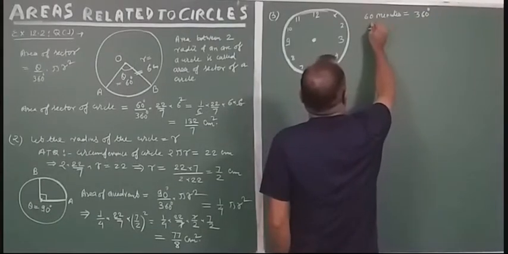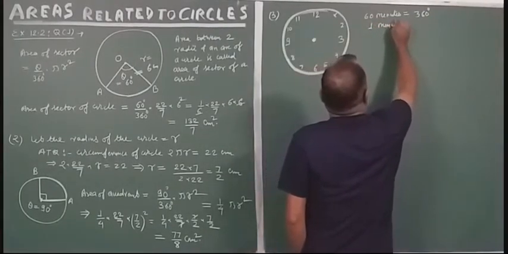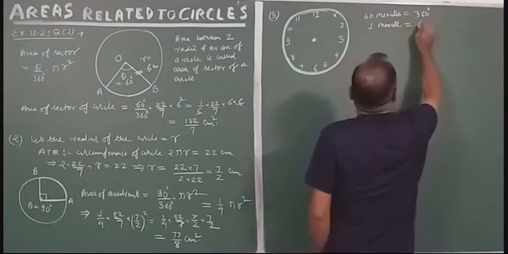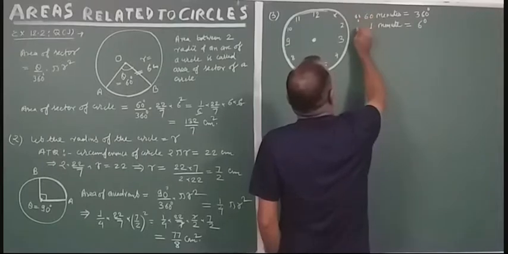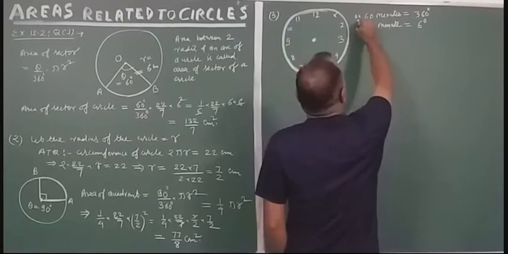Therefore, 1 minute is equal to 6 degree.